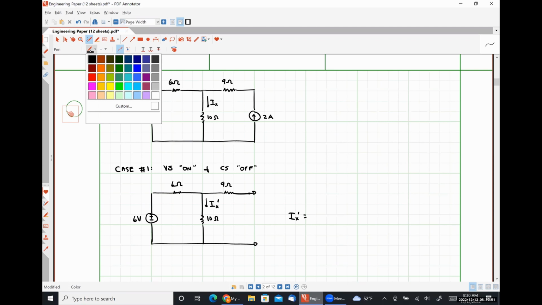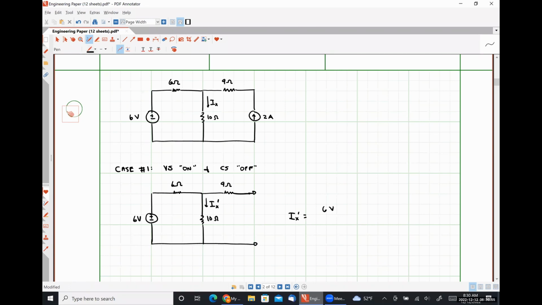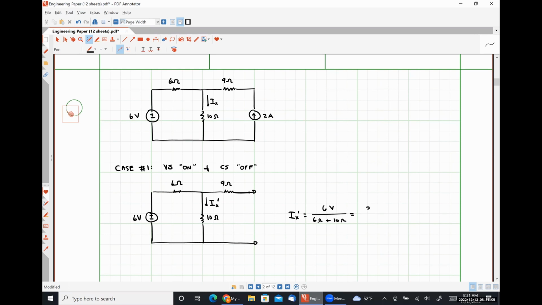So 6 volts divided by 6 ohms plus 10 ohms, spelling out a little bit more, Kevin, but you're absolutely correct, is equal to 3/8 of an amp.